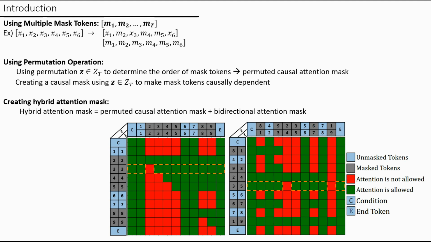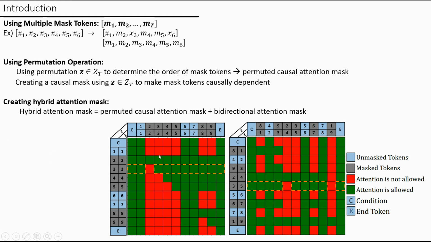By summing up the permuted causal attention mask and the bidirectional attention mask, we get the hybrid attention mask. This hybrid attention mask enables the model to learn the bidirectional relationships in input tokens, and at the same time it enables mask tokens to learn the causality between one another.